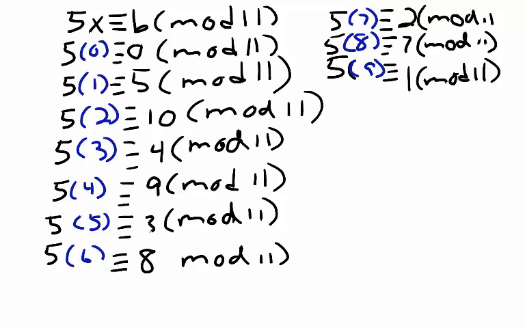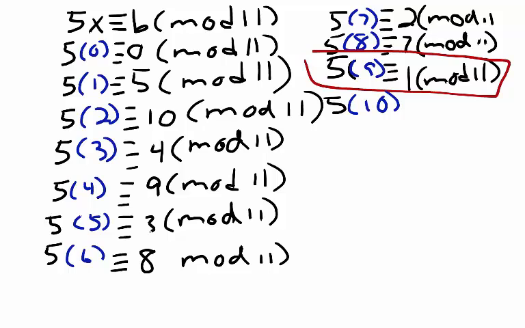And here we have found our inverse. Let's plug in our final test value. 5 times 10 is congruent to 6 mod 11.